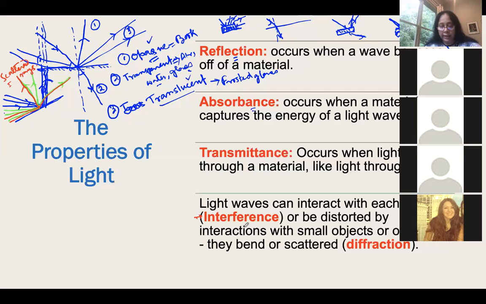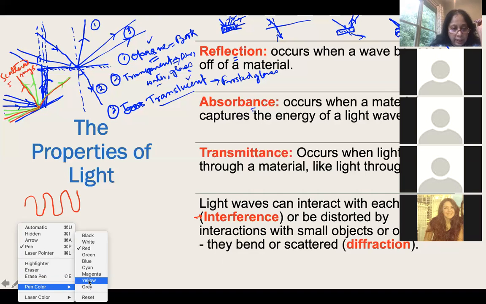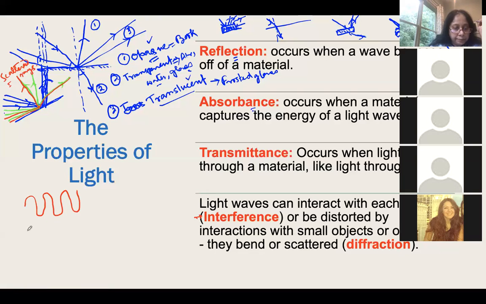Very interesting characteristics. Now what happened? Let's say this is one light ray, and another one over here. So over here, we have two scattered light rays.